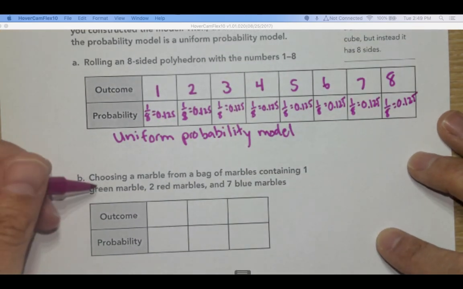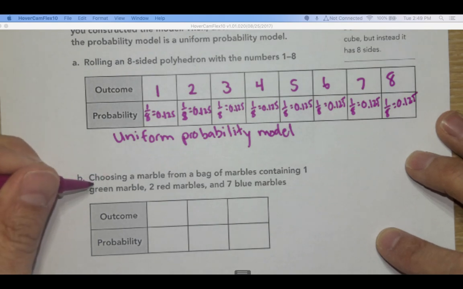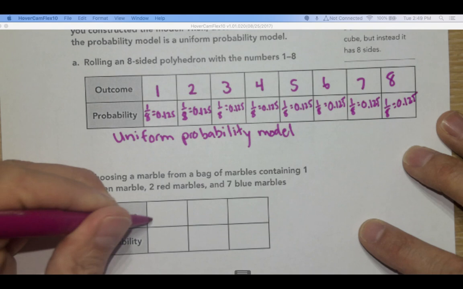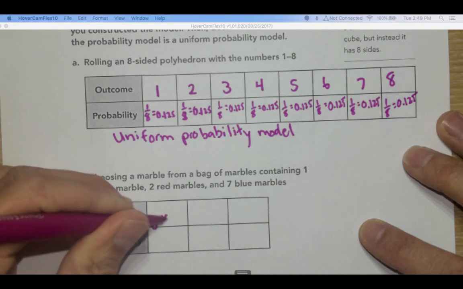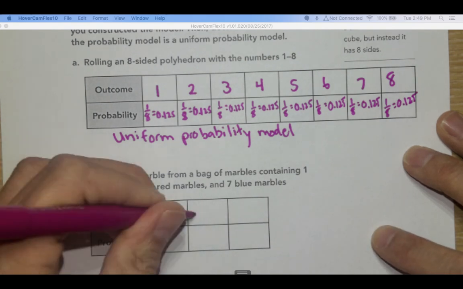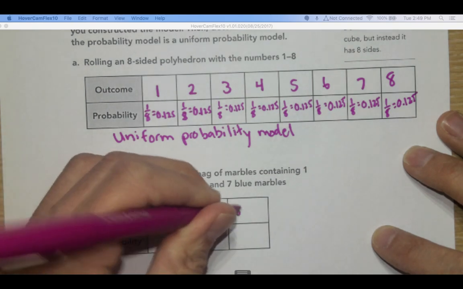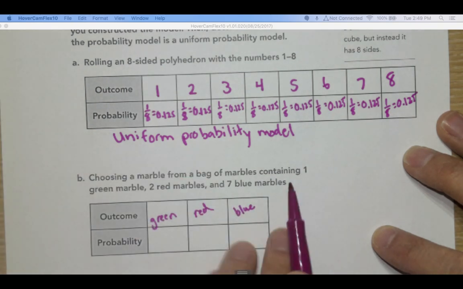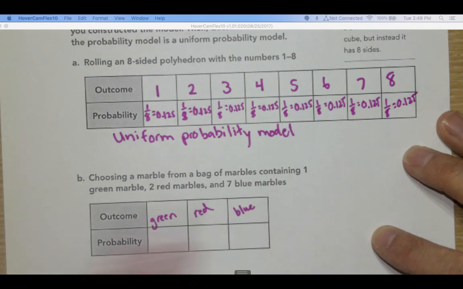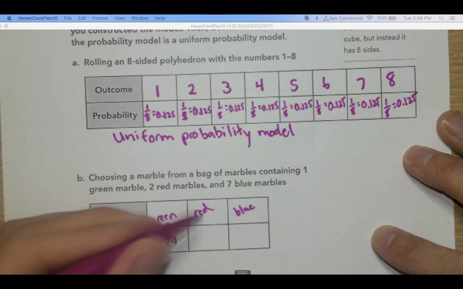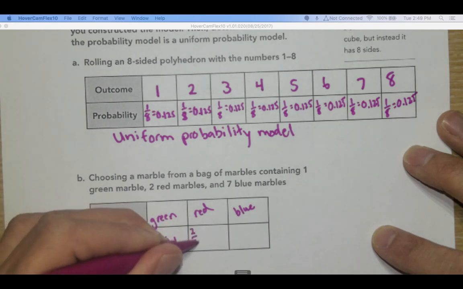B, choosing a marble from a bag containing 1 green marble, 2 red marbles, and 7 blue marbles. 1 plus 2 plus 7 is 10. So green would be 1 out of 10, or 1/10. Red would be 2 out of 10, which could be 1/5.